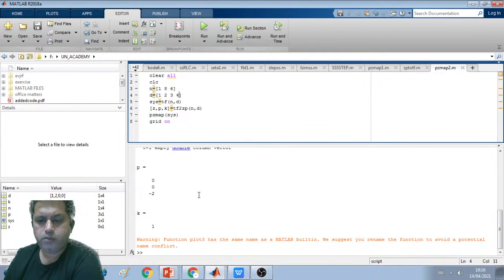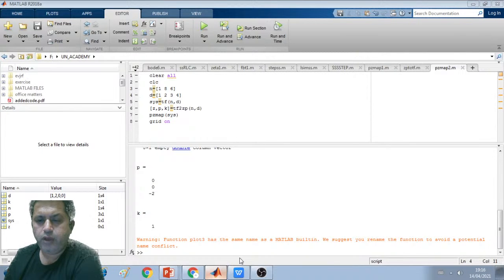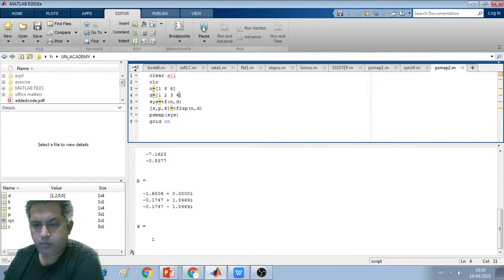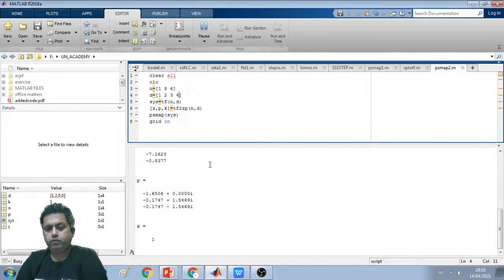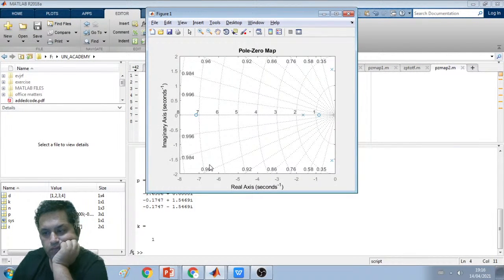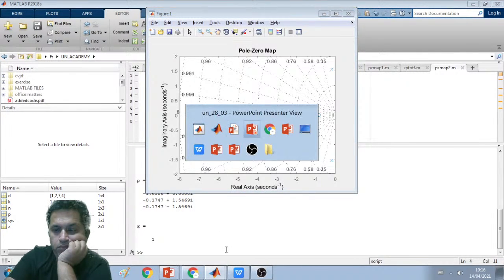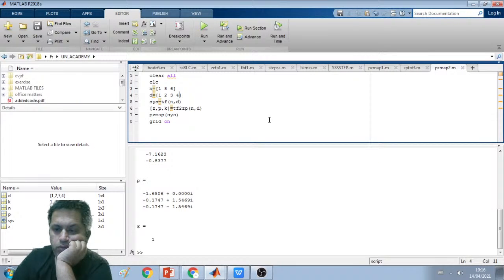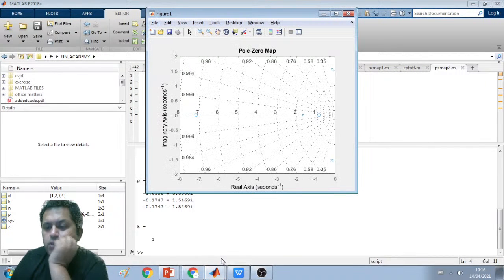So save this, close the file, figure file, then I will run this file. See this equation, the above one is quadratic, so 2 zeros, and the below one has power 3, so it has 3 poles, so total 5. 3 poles, 2 zeros.